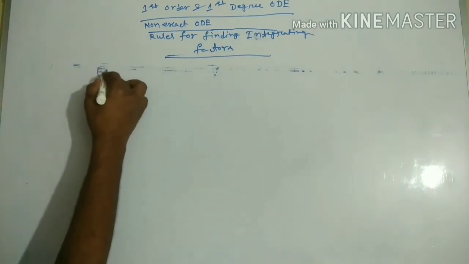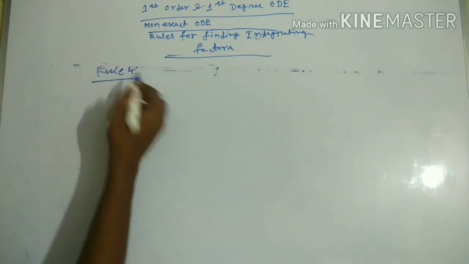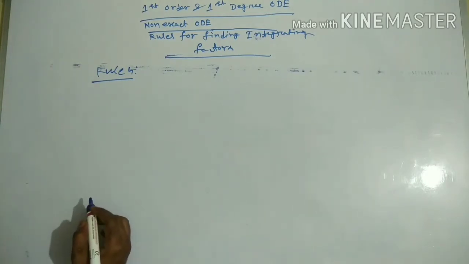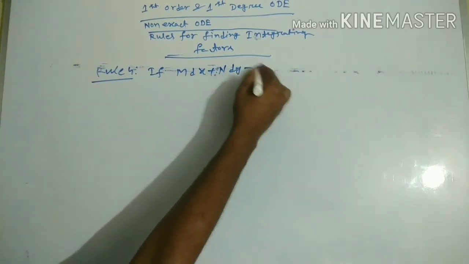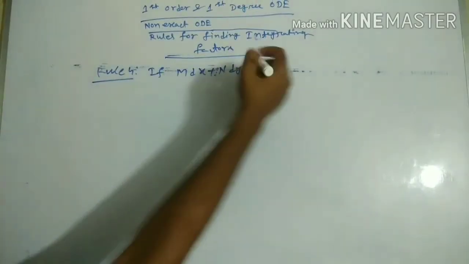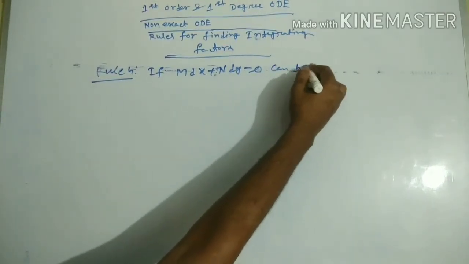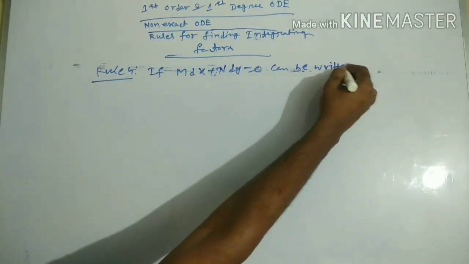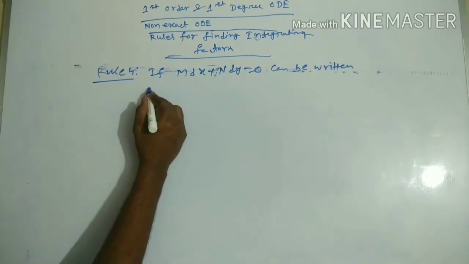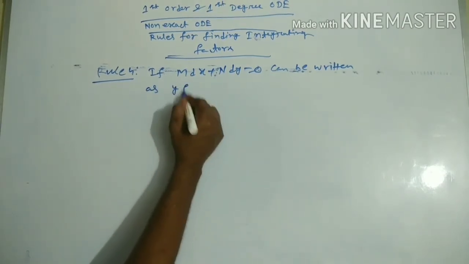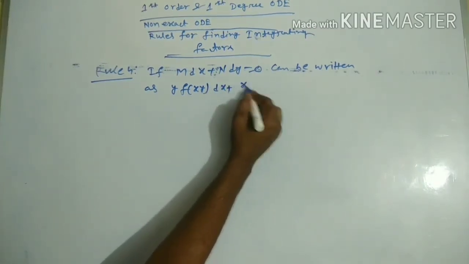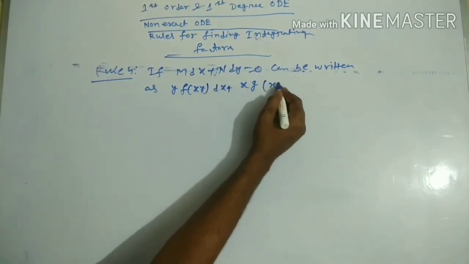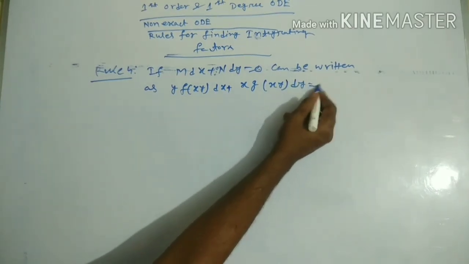So rule number 4. Rule number 4 states that if M dx plus N dy, that is the general form of first order first degree ODE, this equation can be written as y into function of xy dx plus x into function of xy dy equal to 0.